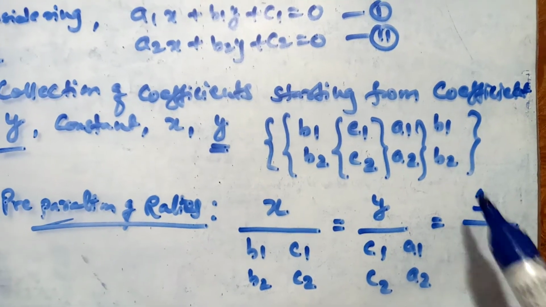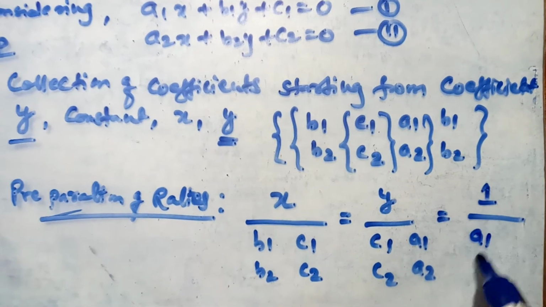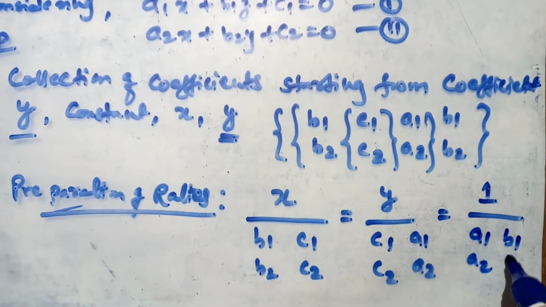So 1 divided by, then the third and the fourth ratio will take, means a1 a2 b1 b2.